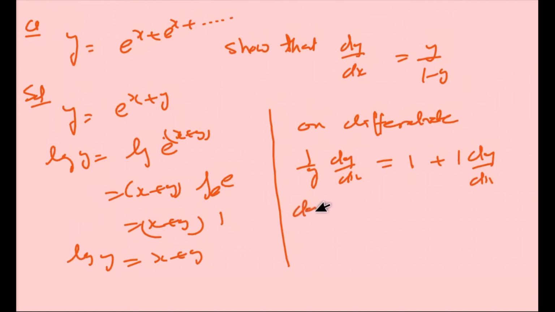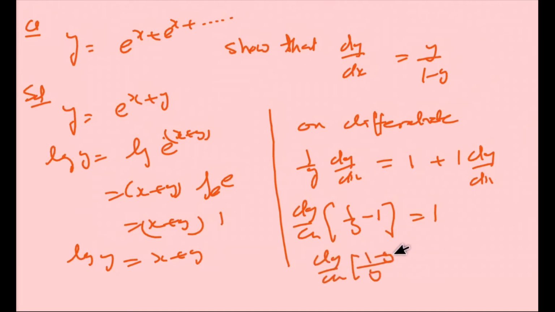Taking dy by dx, here you can write 1 upon y minus 1, and taking LCM, so therefore dy by dx equals y upon 1 minus y, and it is proved. Okay, so are you understanding these questions in a better way? Now I will do one more question.